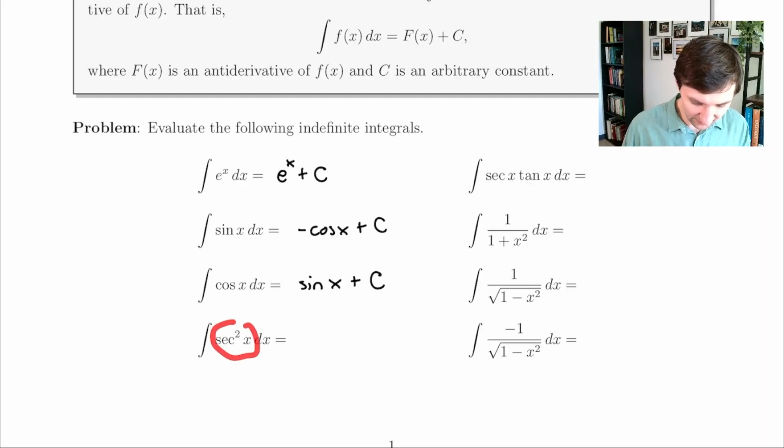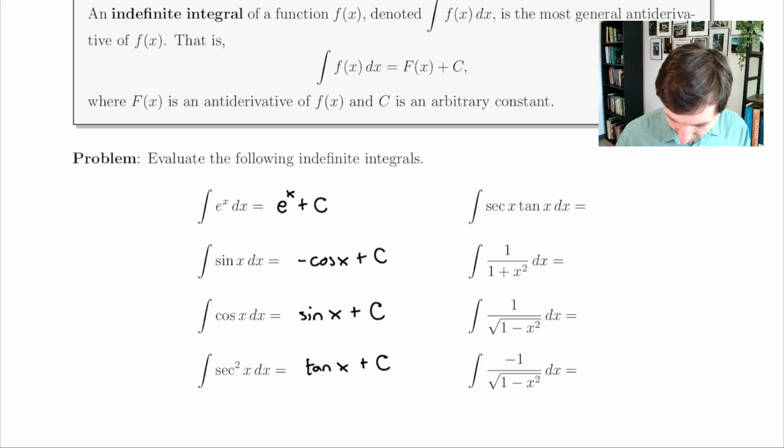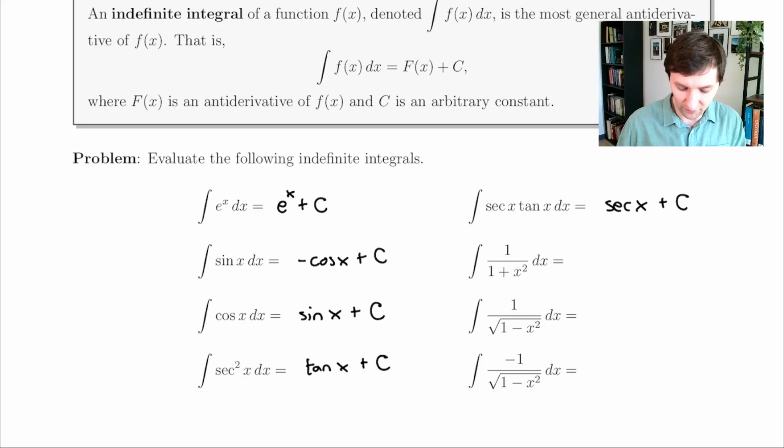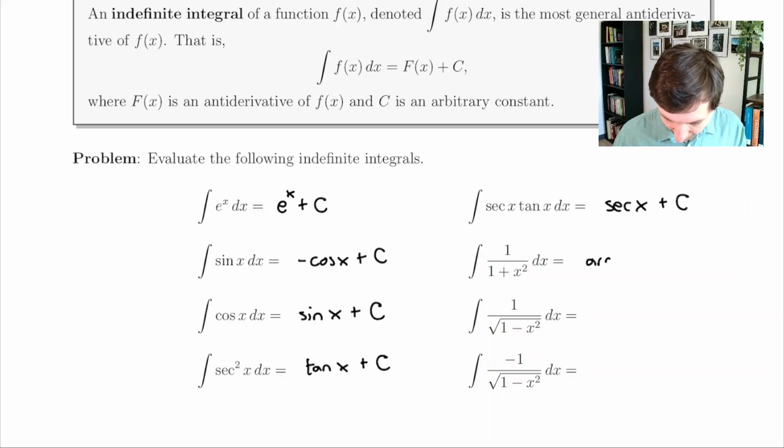Antiderivative of secant squared is tangent of x plus c to get the most general antiderivative. When it comes to secant tangent, I get secant of x plus c. And that is because the derivative of secant is secant tangent. The derivative of which function gives me this expression? I believe the derivative of arctan gives me that function.